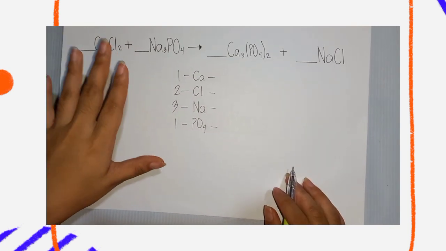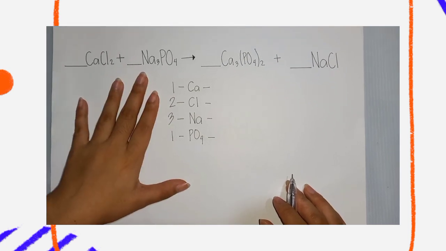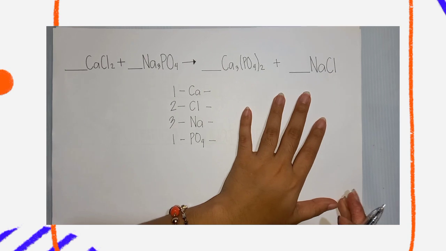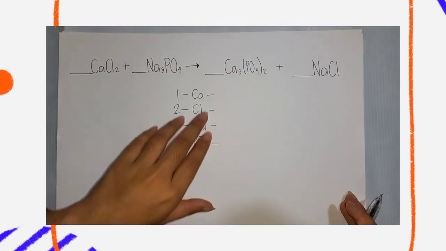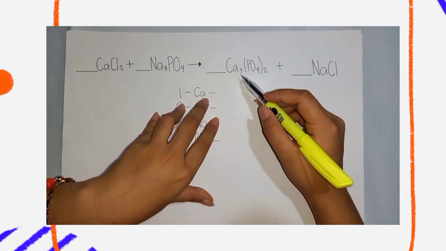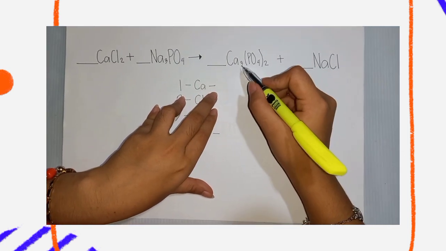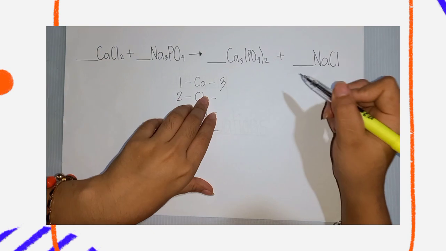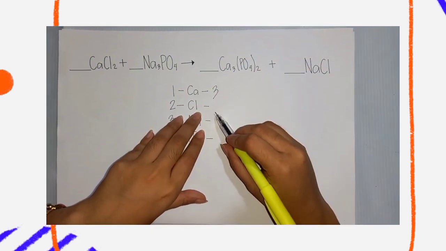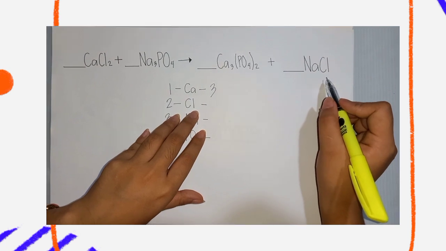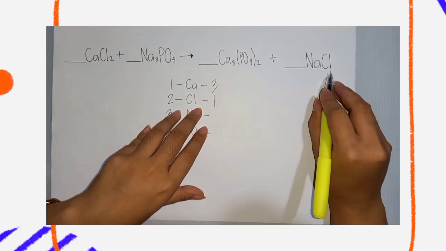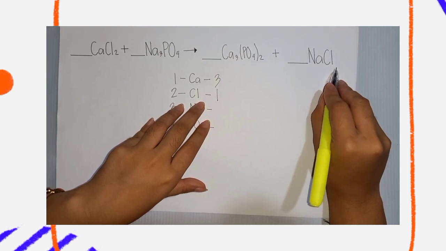After we get the subscripts on our reactant side, we need to get the subscripts for our product side. The subscript of our calcium in our product side is 3. And the subscript for our chloride is 1, assumed to be 1 because we cannot see any number after the element.